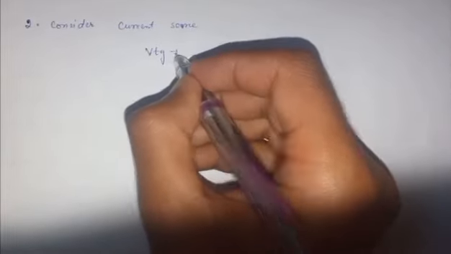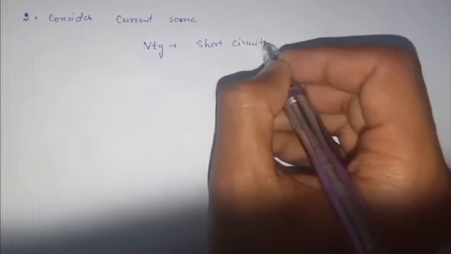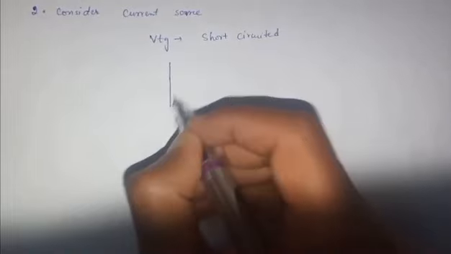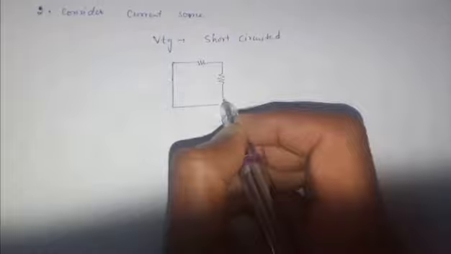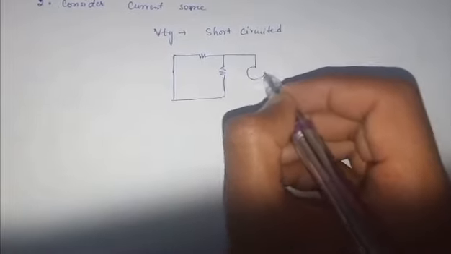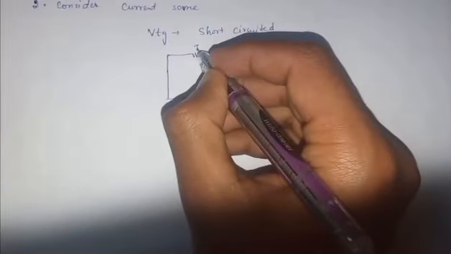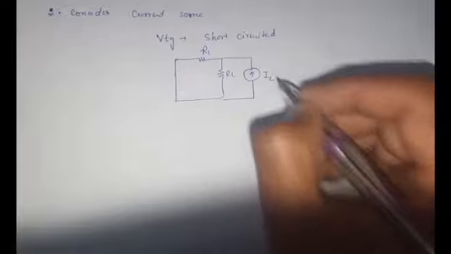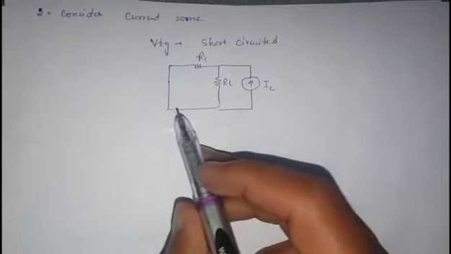Now, when we consider the current source I, the voltage source will be short circuited.